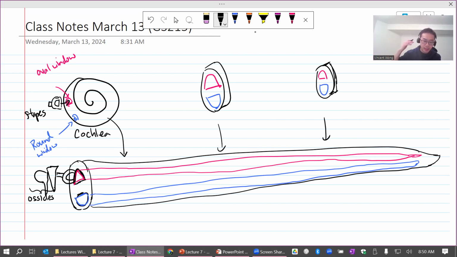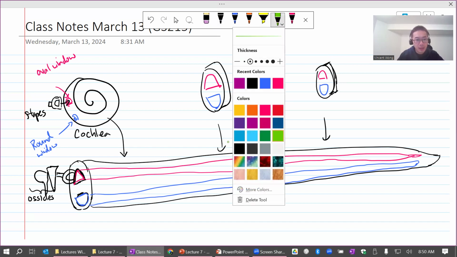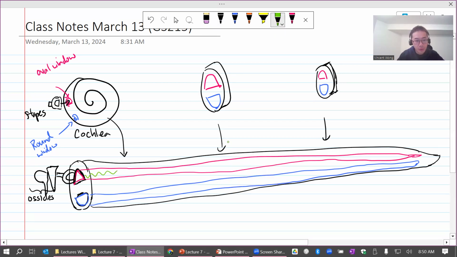The sound goes into the ear, causes the tympanic membrane to move. The ossicles will move. As the ossicle moves, the stapes will push, right? Push into the fluid inside the cochlea. Basically, the whole cochlea is kind of like a bony structure, but the oval window is kind of like a membrane.